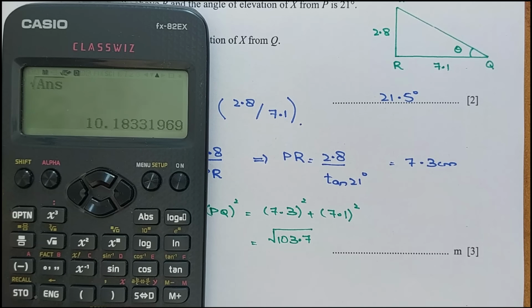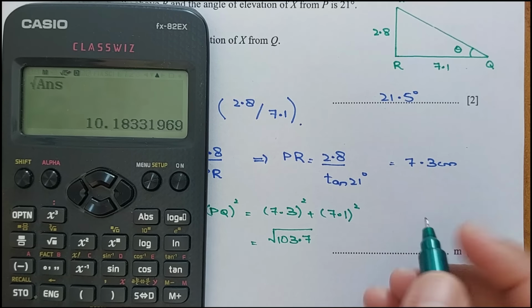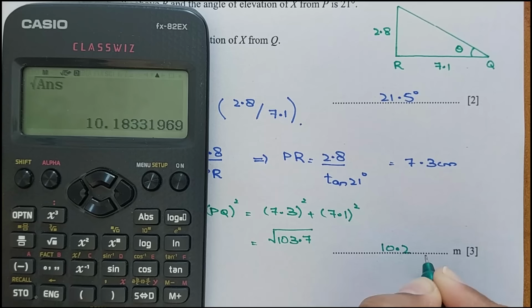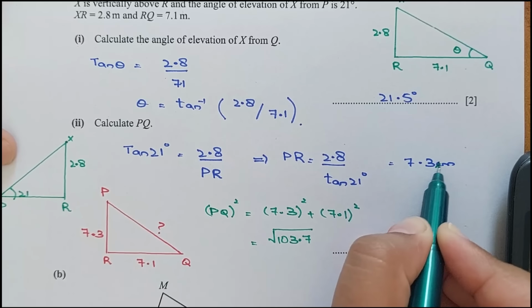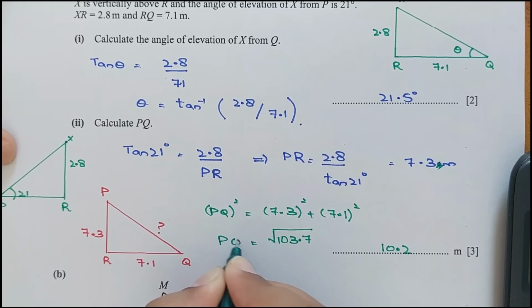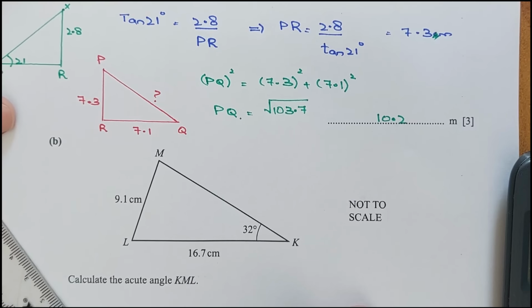Square root of the answer, which is 10.2 meters. So these are in meters, not centimeters. This is PQ. All right, moving to part B.